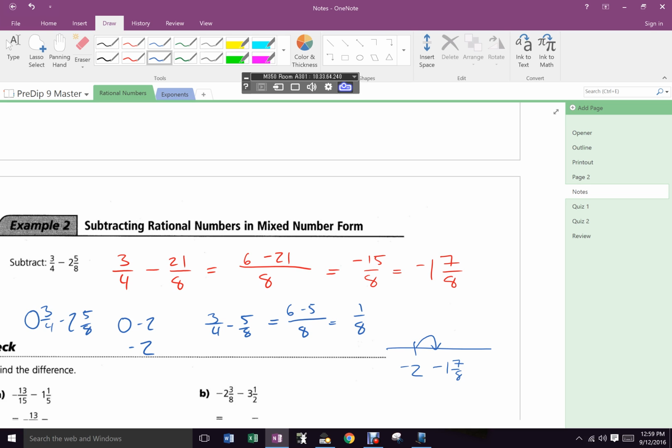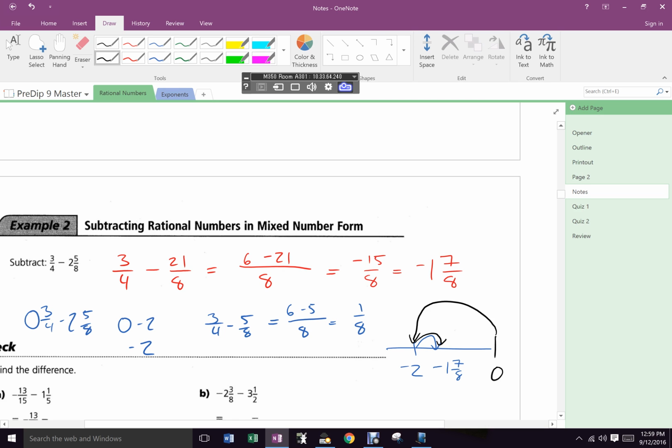Okay? Sam? So like -2 and -1, right? No, you needed to recognize this problem. That you were at -2 and then a positive 1/8. So on a number line, here's 0, right? You went all the way down to -2, but then you had a positive 1/8, so you had to come back that way.